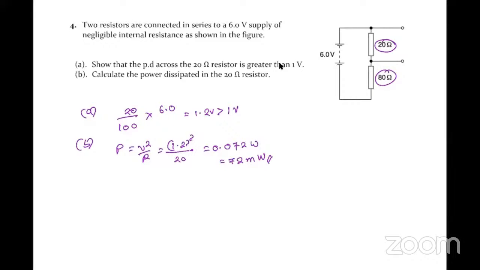V is the one from the previous part. Make sure that you write this is more than 1 volt, because that's a thing they want us to show.